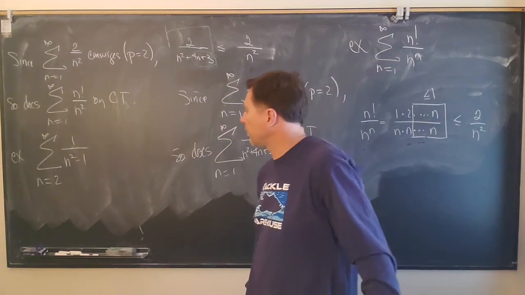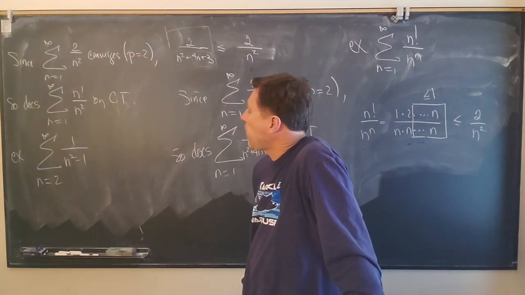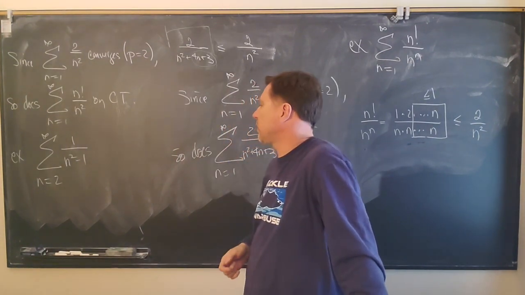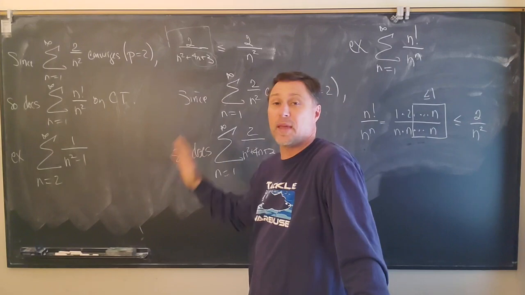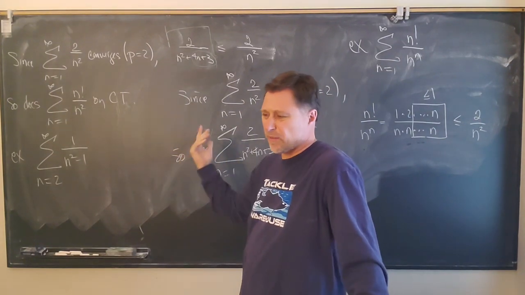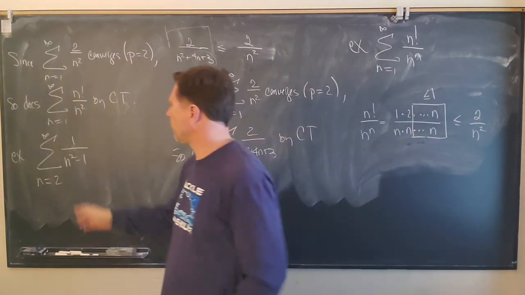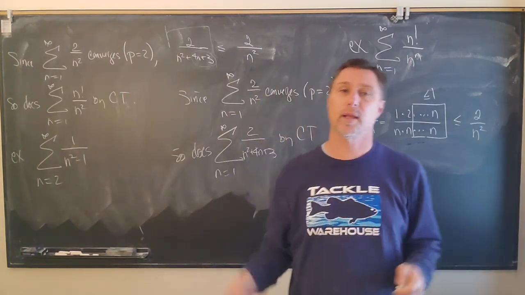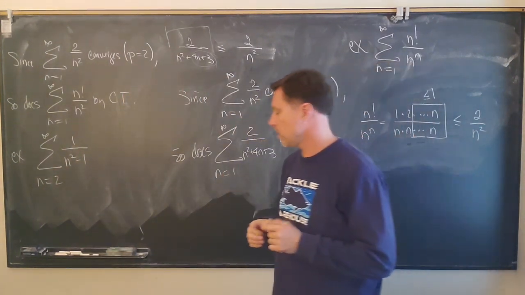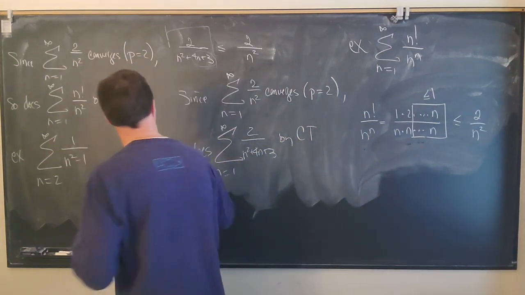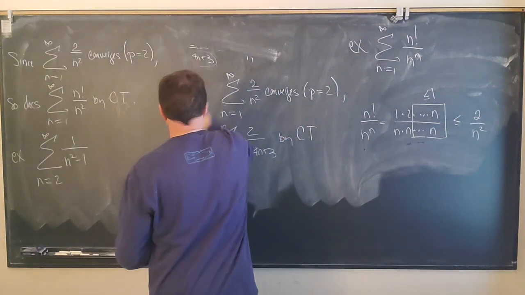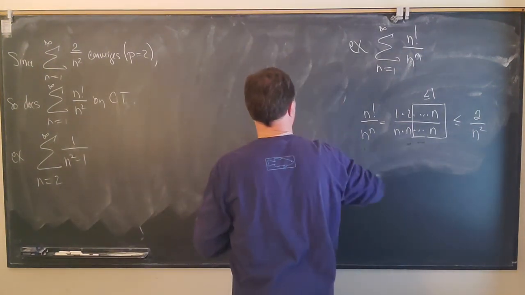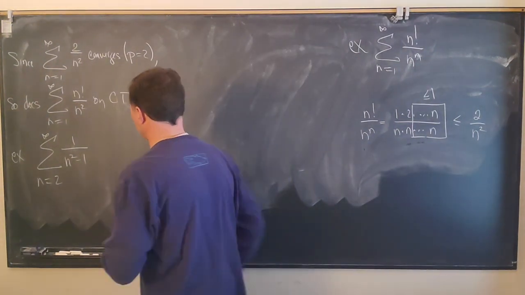Now, this one, I want to use the same intuition that we had before, right? If we get rid of everything except for the dominating terms, we have a 1 in the top, an n squared in the bottom, so this is going to behave like a 1 over n squared. It's going to converge. But here's the problem, right? If I want to use the comparison test, I start writing down my inequality, right?